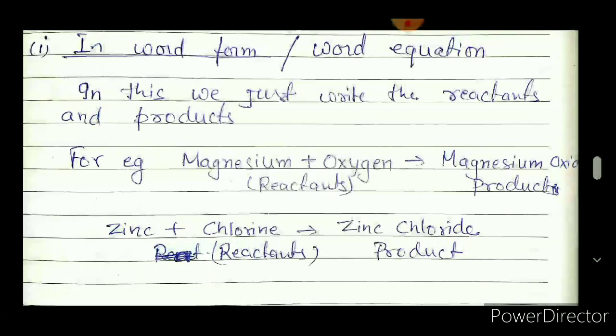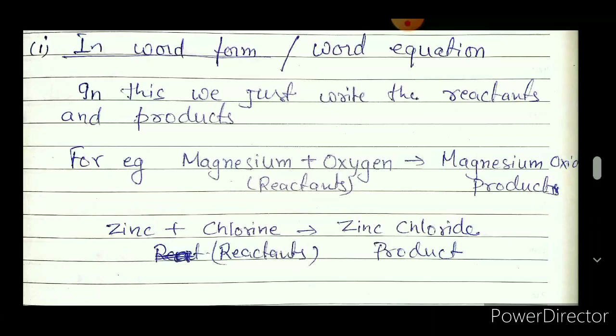You can see magnesium plus oxygen, those are the reactants, and they give magnesium oxide, the product. In the second example, zinc plus chlorine gives zinc chloride. There is not much information given in this, and there are many disadvantages.